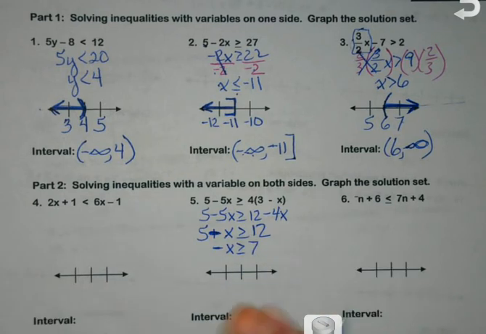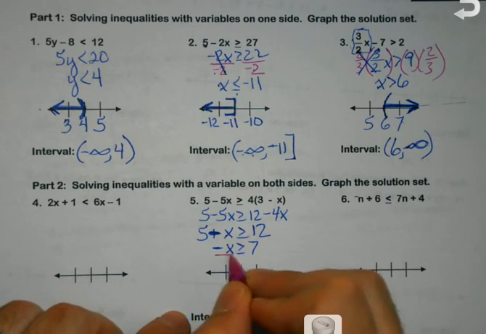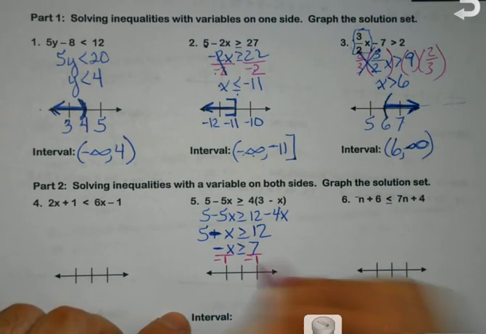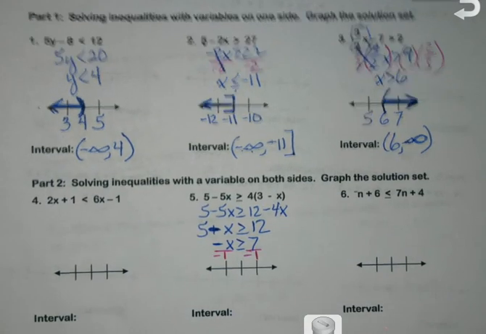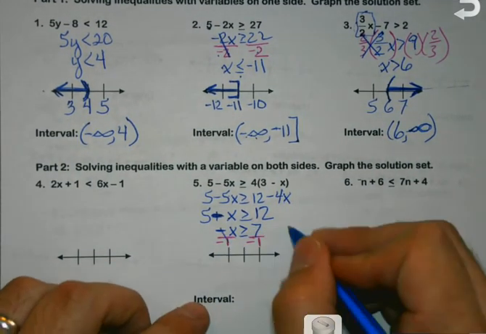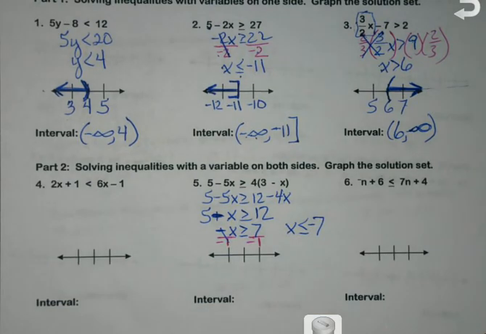And I did it this way this time because I just wanted to reinforce this one more time. If your x isn't positive and ready to go yet here, if we have to multiply or divide both sides by a negative to get my variable term alone, and we do here, we've got to remember to flip the inequality arrow.